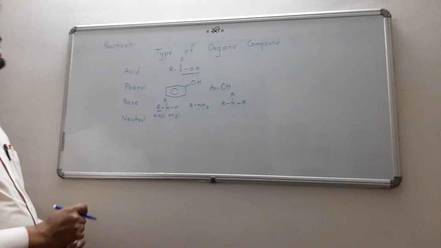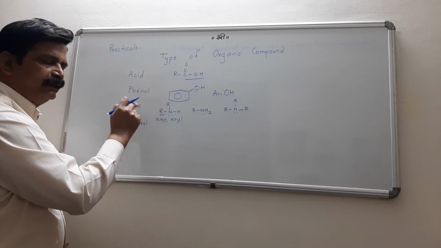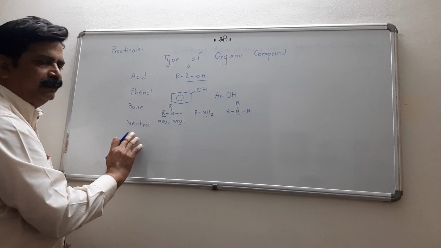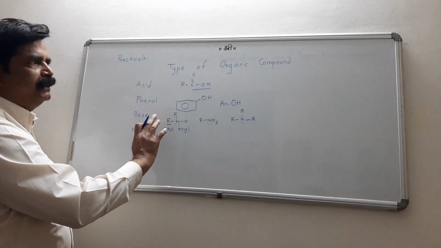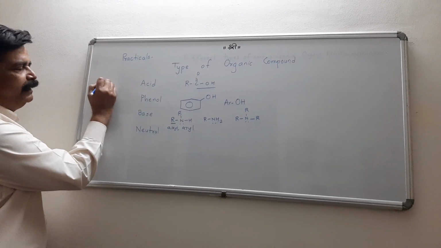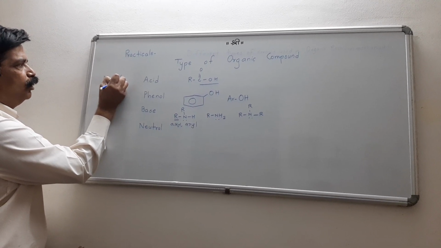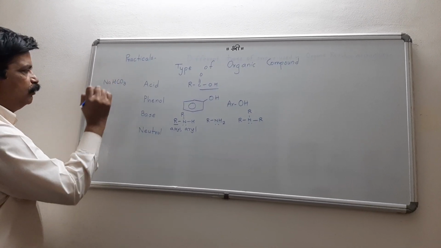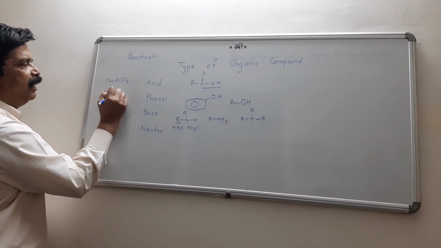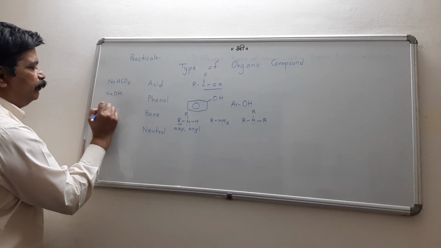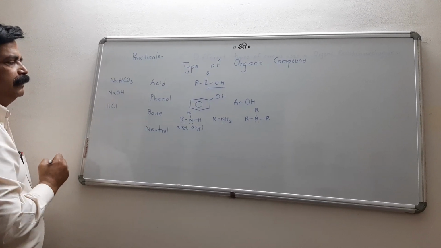And neutral. Neutral means there is no acid, there is no phenol, there is no base, so the remaining compound, whatever it is, is neutral, which is not reacting with common reagents like sodium bicarbonate or potassium bicarbonate or carbonates, alkali like sodium hydroxide or KOH, or HCl.